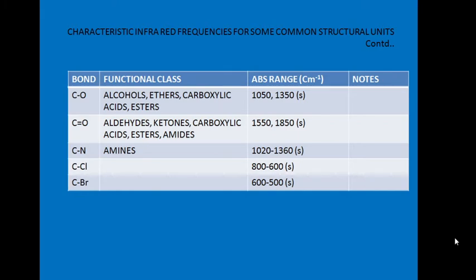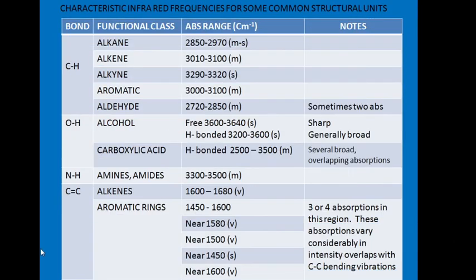What types of functional groups can you anticipate? You may have a CH bond, a C double bond C bond, a C triple bond C bond, C double bond O bond, C double bond N bond, CN bond, CCl bond, CO bond, CBr bond, NH bond, etc.